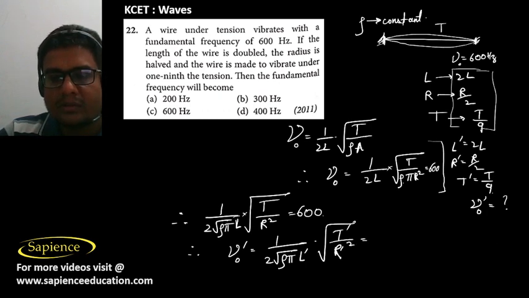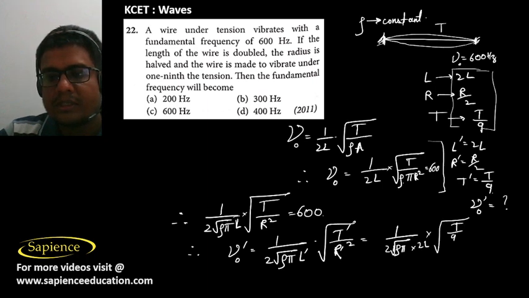So that will be equal to 1 by 2 rho pi, L dash is 2L, into root over T by 9 divided by R by 2 whole square. So that will be given as T by 9, that is 1 by 3 will come outside, and this is R by 4.